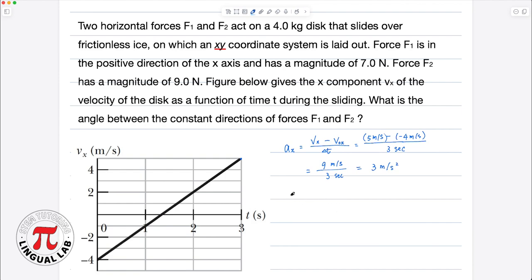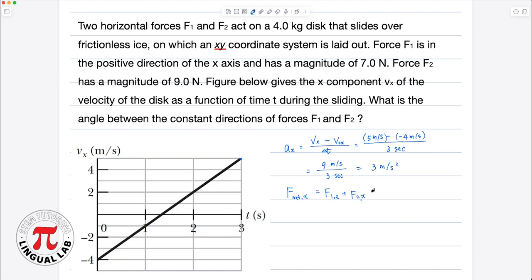Now we want to calculate the force F2 x component. The net force x component that causes our acceleration should be equal to force 1 x component plus force 2 x component.